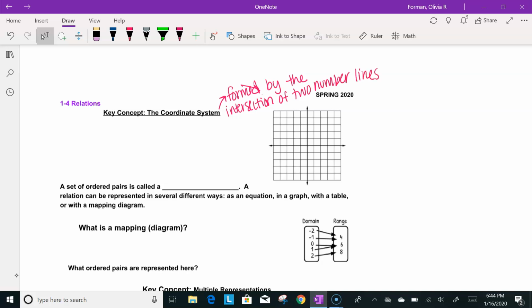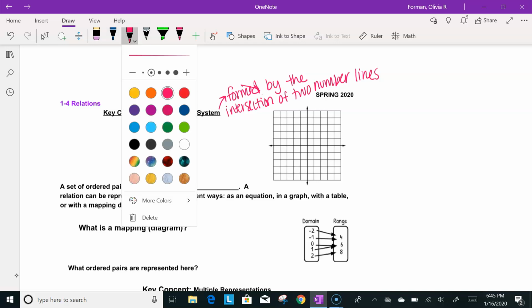You have a coordinate system where you can say the point 1, 5, and somebody would know where it is because we have two number lines. We call those two number lines the axes of the coordinate grid.